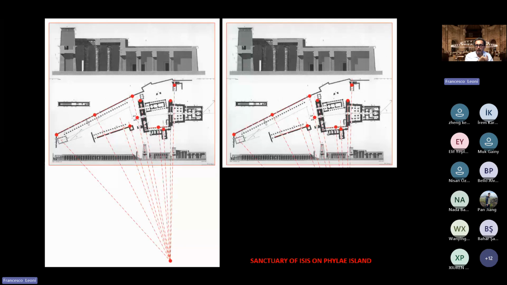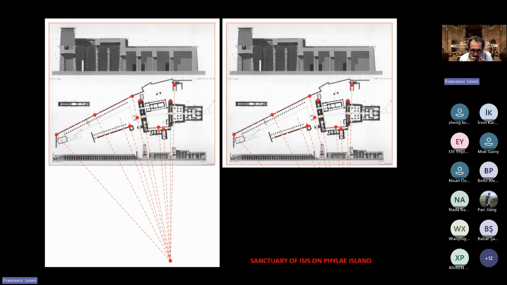Again, if we look at the sanctuary on Philae Island, you can see how all the elements of the settlement are organized according to a hypotactic polar system, turning around the central pivotal point that at the moment can't be seen because it's submerged by water.